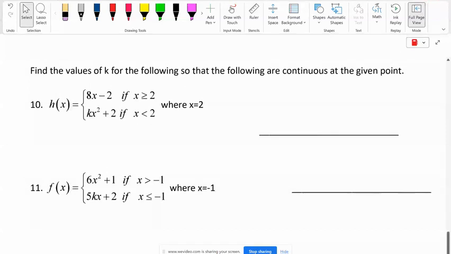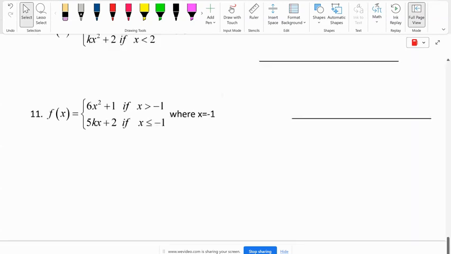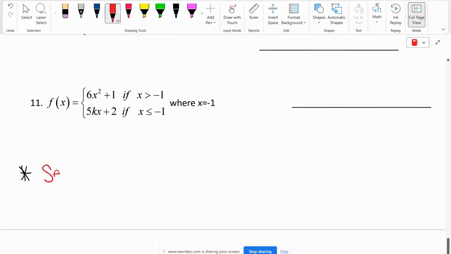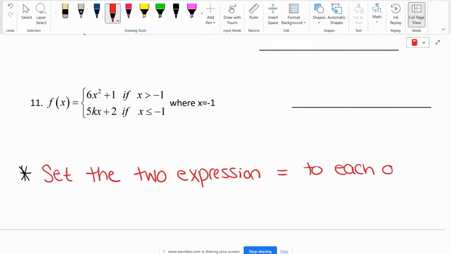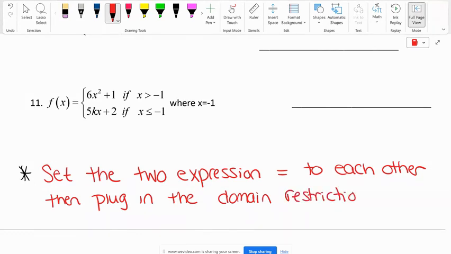Anytime you have this, where I give you two different expressions and the domain of those expressions, what you want to do is set the two expressions equal to each other, then plug in the domain restriction for x and solve for k. Every time. This is the process you take every time you have these types of problems.